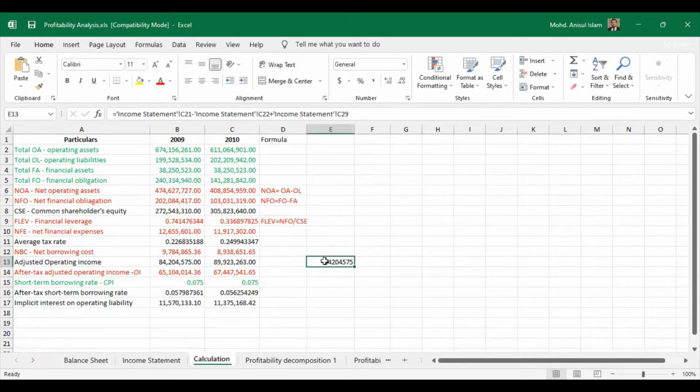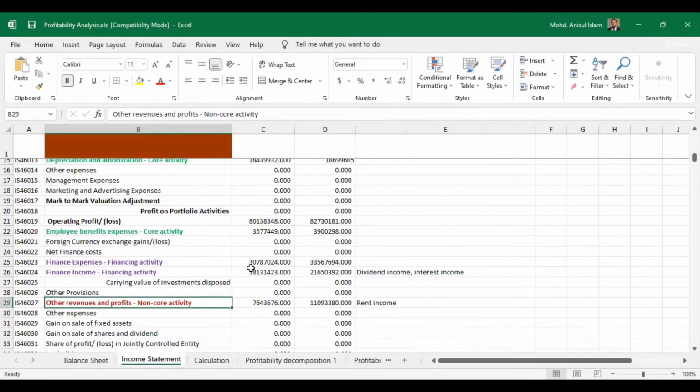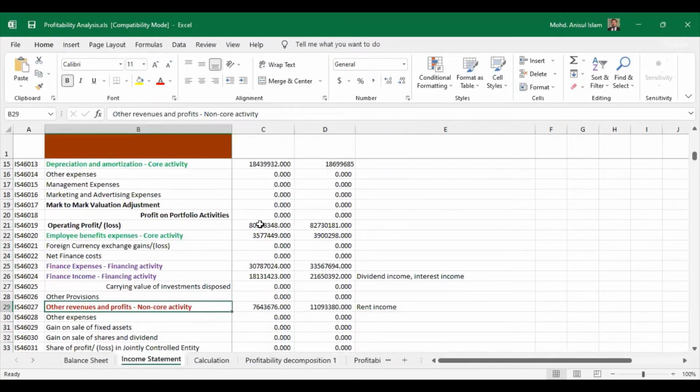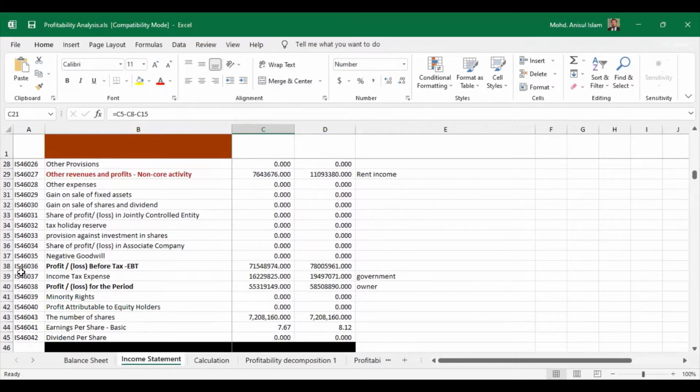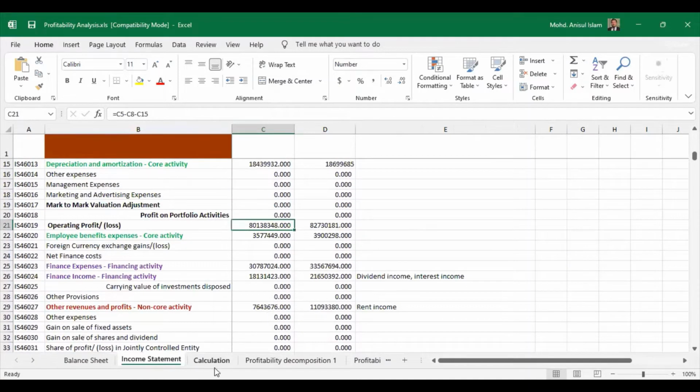So you have learned why we need this kind of adjustment when some operating items have been excluded from the calculation of operating profit. Can you recall in which row this operating profit was calculated? Row number 21, right? But when we calculated tax in row 39, what does it mean?